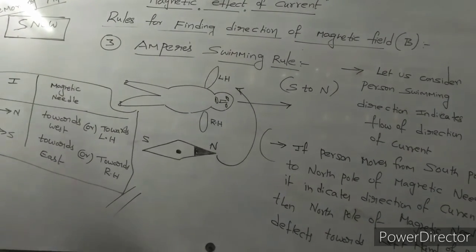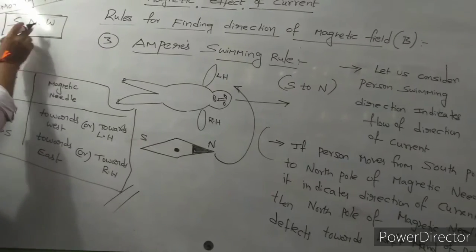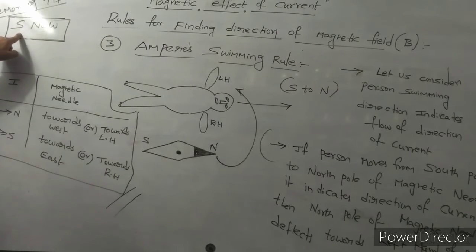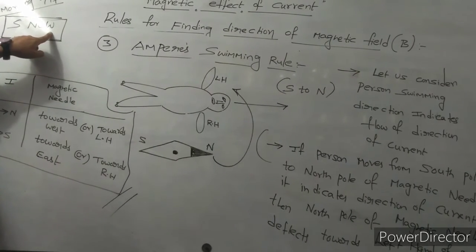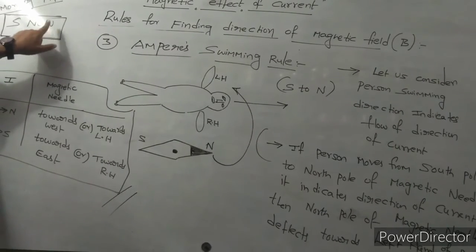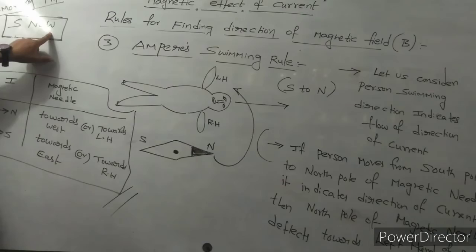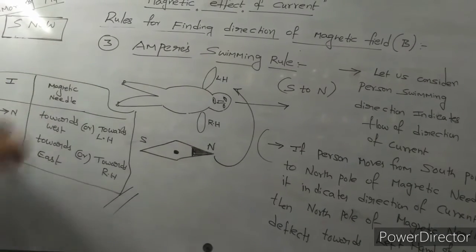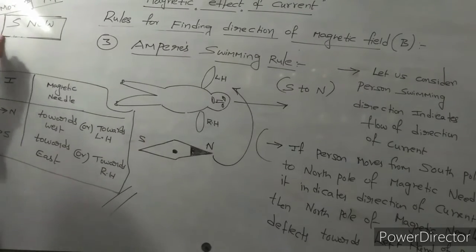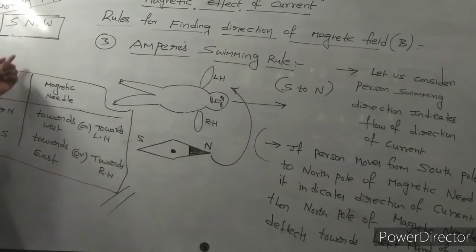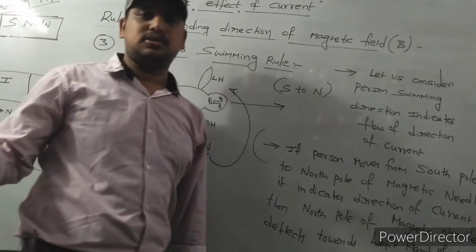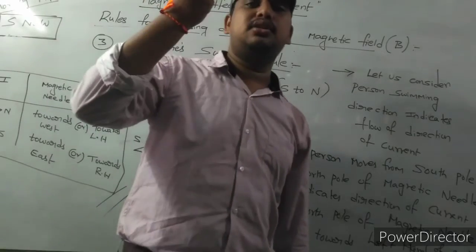If current is moving from south to north, the magnetic needle deflects towards west. S means south, N means north, W means west. So this is S-N-O-W, snow. Current moving from south to north, magnetic needle deflects towards west.